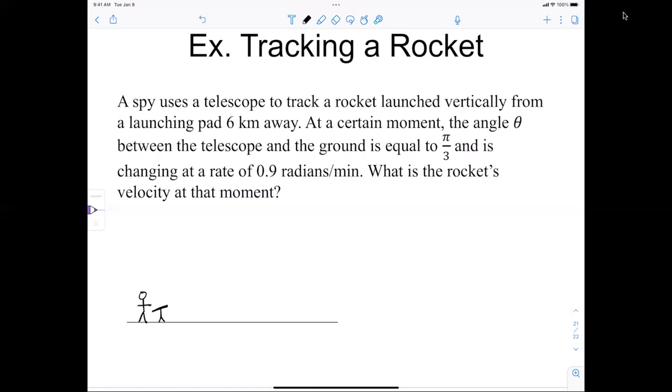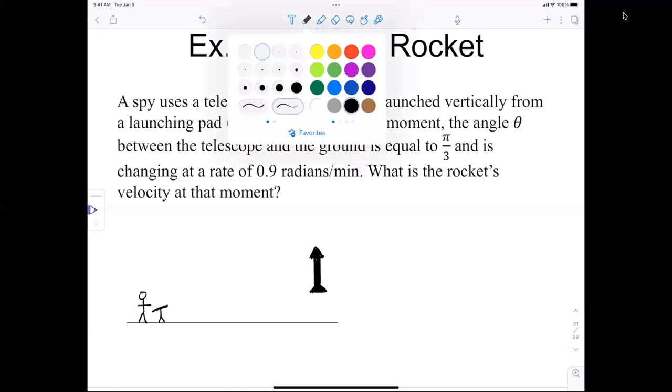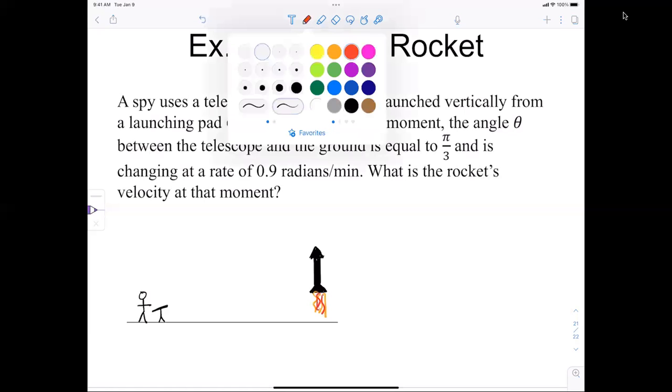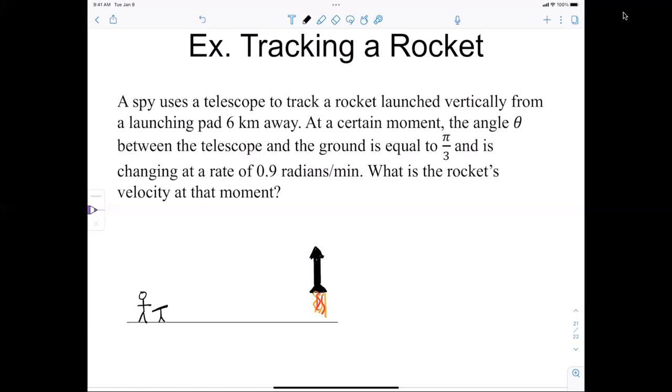And then we have the rocket, which is shooting into the air, going up, up, up. Important to put the flames. Okay, so can we all kind of imagine this situation?